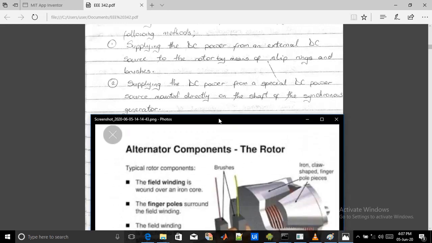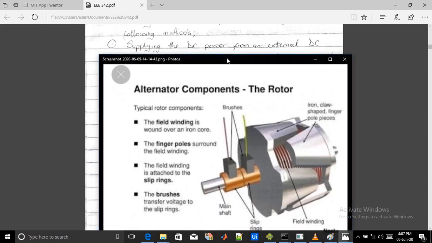Now the essence of the brush there is also for conduction. But now, if we are to attach the external DC source to the slip rings directly with the wires, when the shaft is rotating, there is 99% possibility that the wires will be entangled around the shaft.